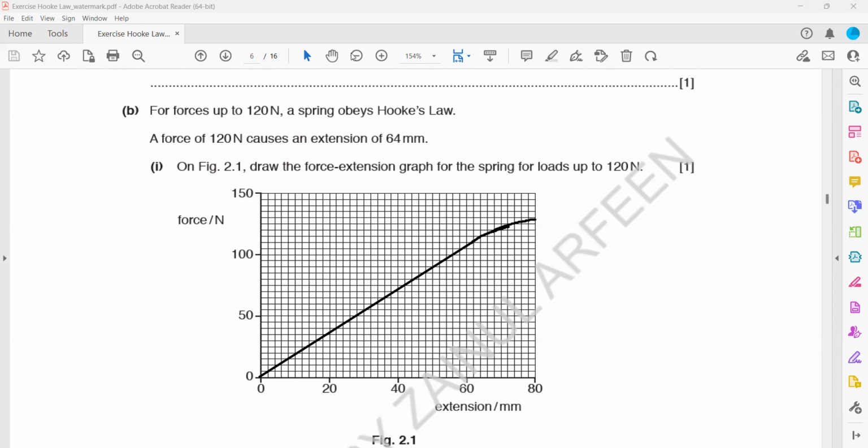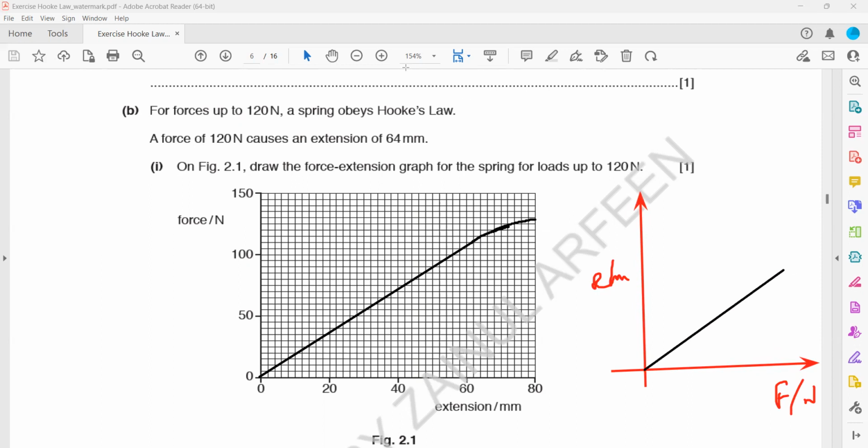In this case, extension is on the x-axis, so the graph shifts towards the x-axis. But if extension is on the y-axis and the load is on the x-axis, and we want to complete a graph beyond the limit of proportionality, it will be a straight line, and then if we increase the force further, the extension will increase at a greater rate, so it shifts more towards the y-axis.